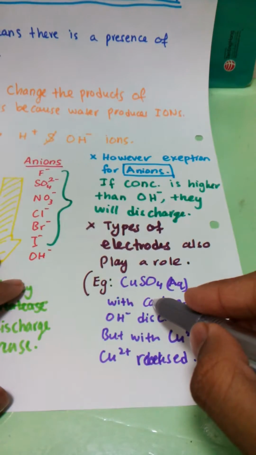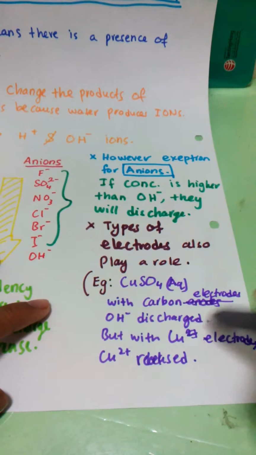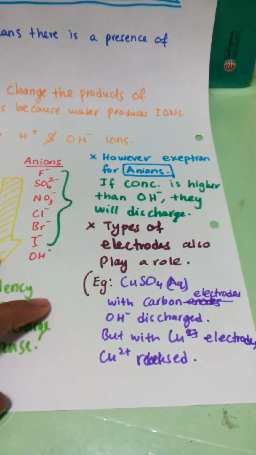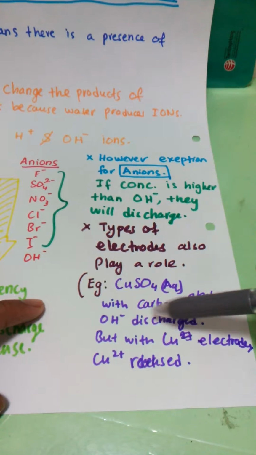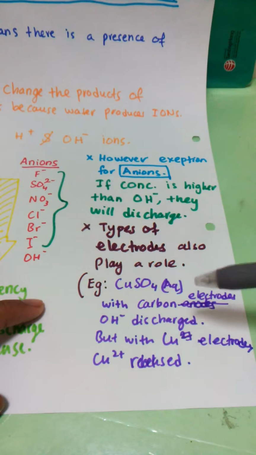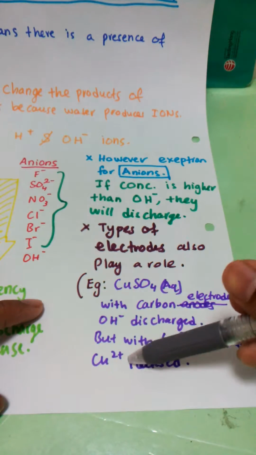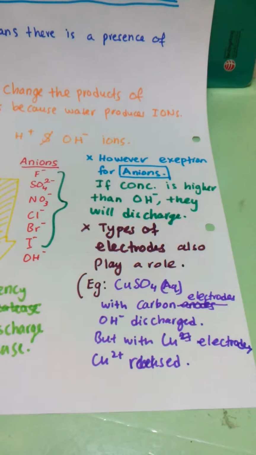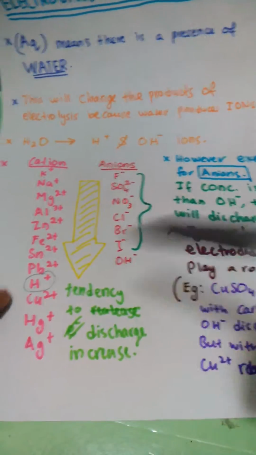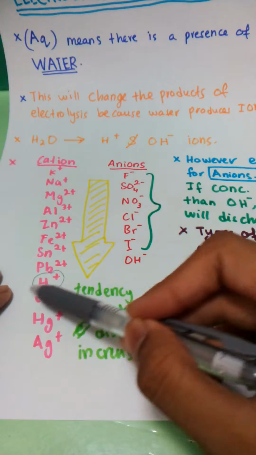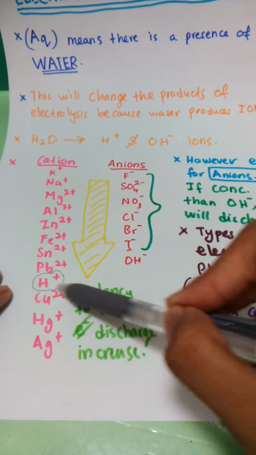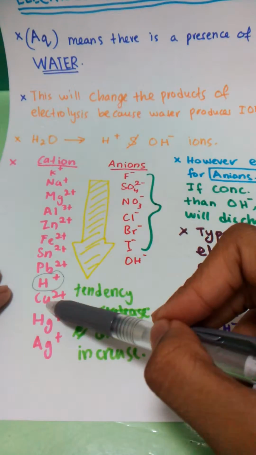If you use carbon electrodes, OH will discharge, and basically oxygen gas will be produced. But if you use copper electrodes, Cu2 plus will be released in the form of ions into the solution. Why? Because copper has a tendency to form ions, so it also has a tendency to release.